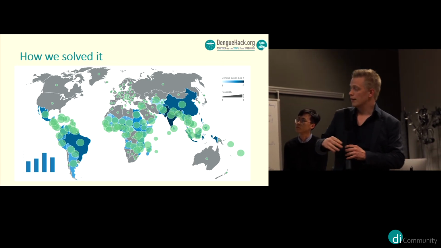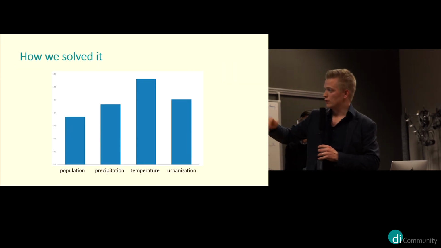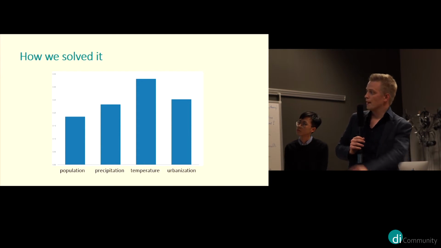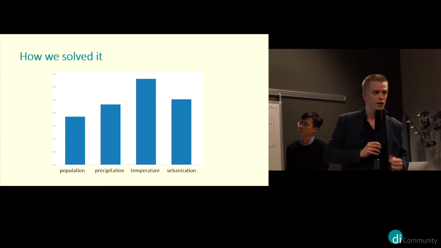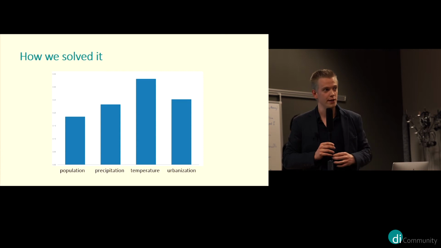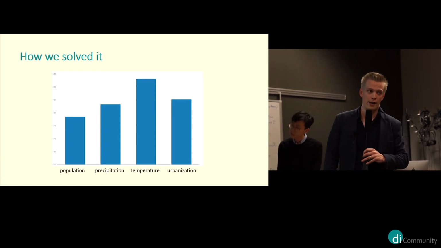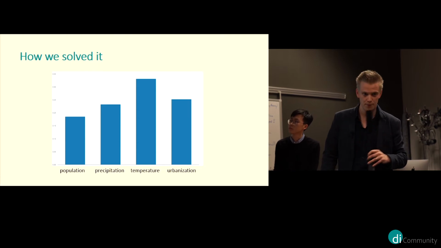And we made, as you can see on the next slide, this prediction on these 4 most important parameters. You see here that temperature is, again, as we've seen in the other presentations, one of the most important factors determining this variation for dengue and for mosquitoes as well.